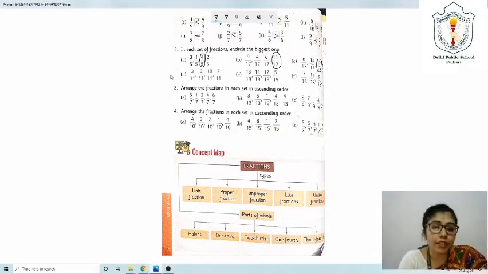Okay. Now D, you see we have the biggest as 10 by 11. E, you see here 13, 11, 17, 5. 17 is the biggest one. So 17 by 19. Okay. Now F we have is 11 by 18.